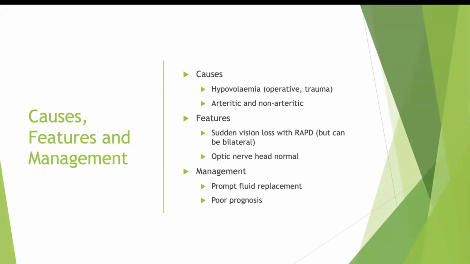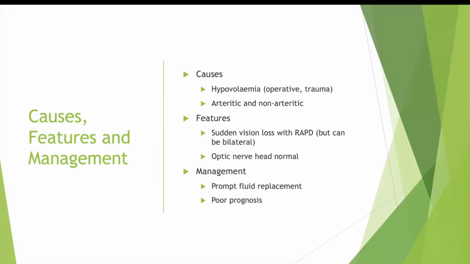Or they've had trauma, for example. There are arteritic and similar non-arteritic causes to PION. So again, hypertension, diabetes, hyperlipidemia, these are all things that can contribute. But typically, PION tends to be patients who have come in with a hypovolemic insult.